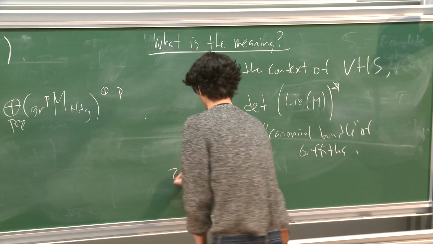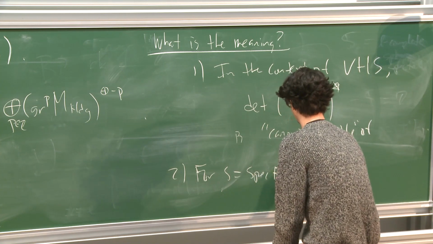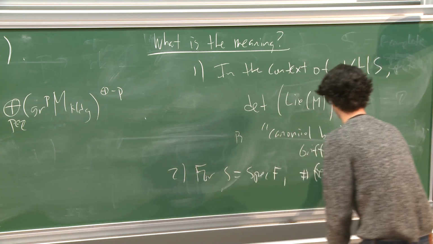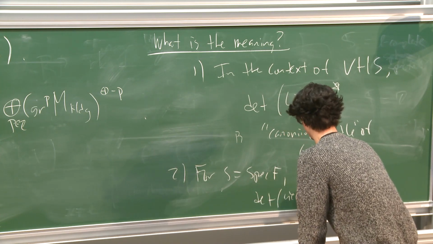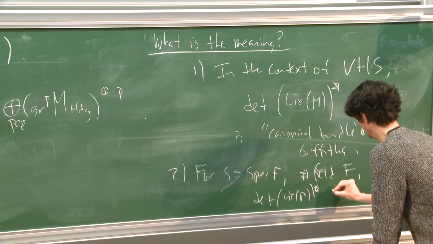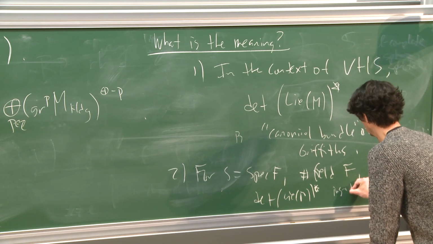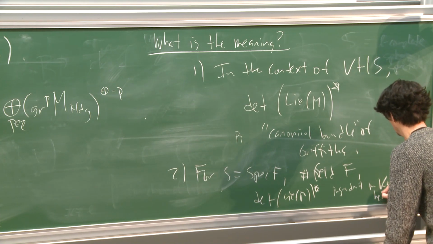Also, for S equals Spec F, a number field F, this same determinant of the Lie algebra, with the dual, is the ingredient in Kato's heights of motives.